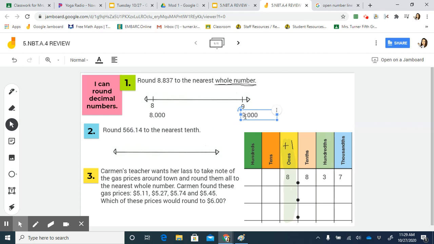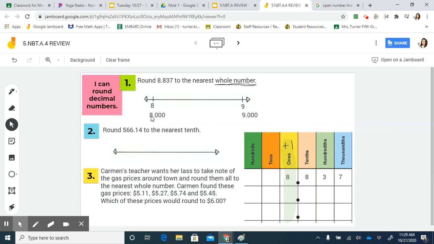Hopefully you're thinking because my original number started out in the thousandths. So in order for me to put my number on this number line, I need to know where it goes all the way to the thousandths. So now I have it right there in the thousandths.